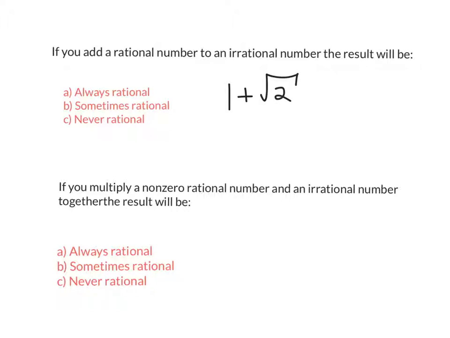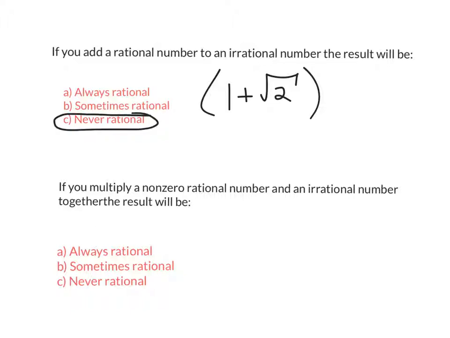It's kind of like they're unlike terms. And so the answer to adding 1 plus radical 2 would actually just be 1 plus radical 2. And since we have this square root of 2 in there, this sum has to be irrational.